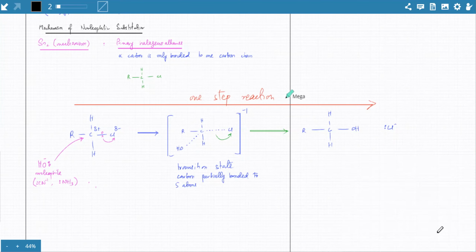Is this clear? You have to get every curly arrow right when you're drawing this. Ethan, clear? So what's the difference between a transition state and an intermediate? A transition state doesn't really form.